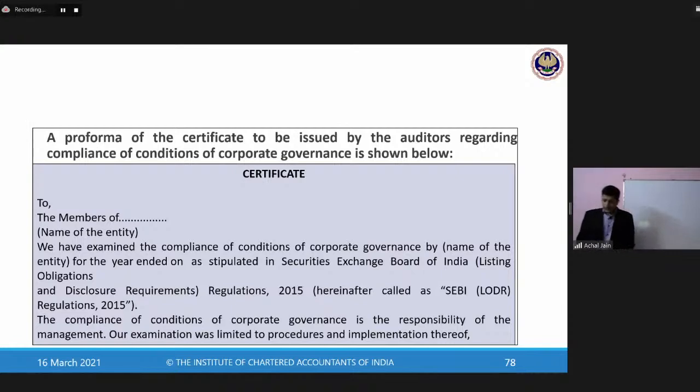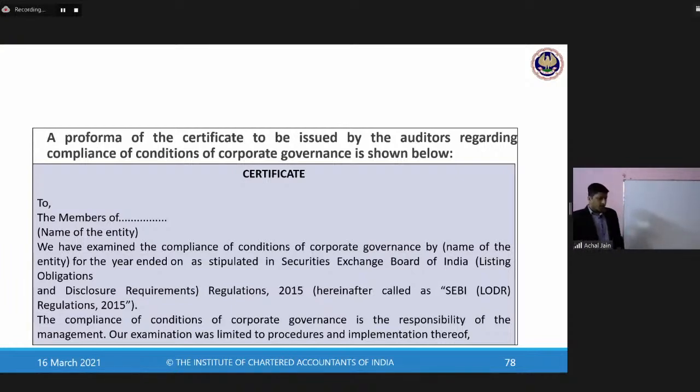Now, the auditor will start on this certificate saying that we have examined the compliance of conditions of corporate governance by XYZ Limited for the year ended, say, on 31st of March 2021 as stipulated in the SEBI listing LODR regulations 2015.